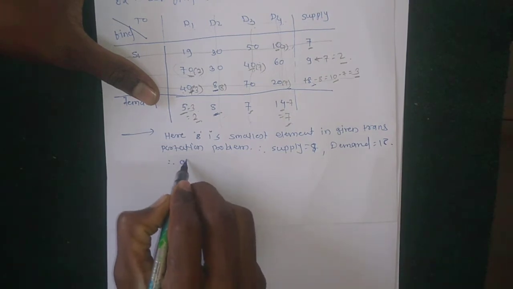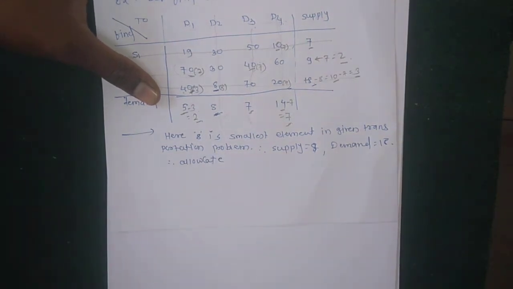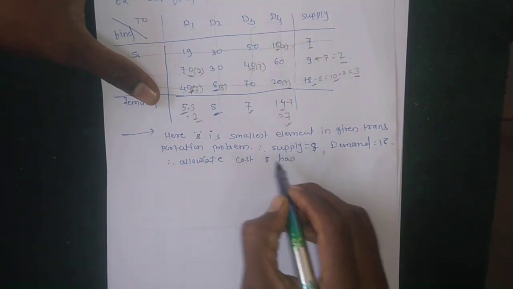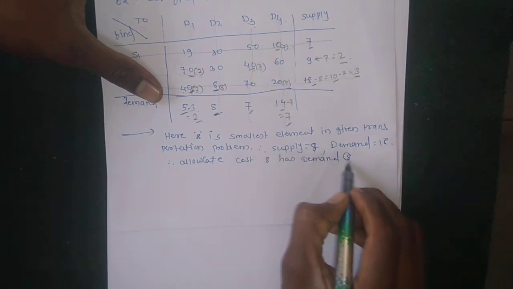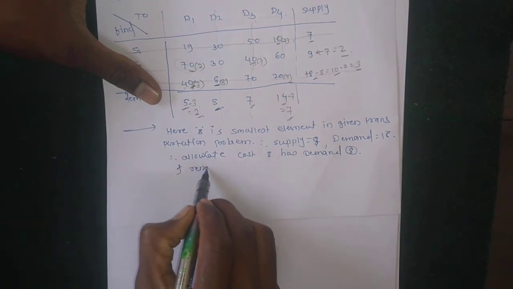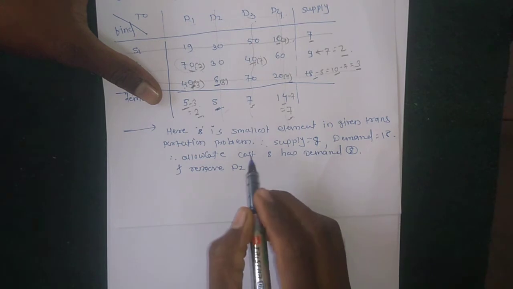Therefore allocate cost 8 with demand 8. Okay, and remove the D2 column.